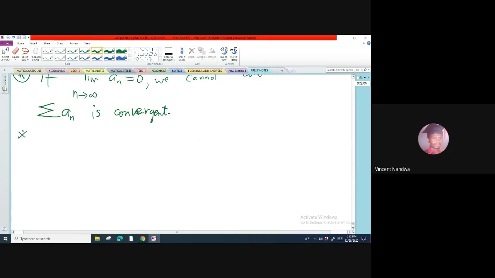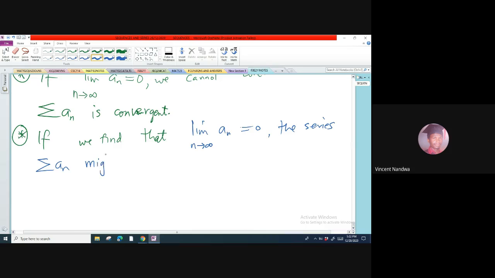And then next point, if we find that the limit as n approaches infinity of an is 0, the series might converge or it might diverge.